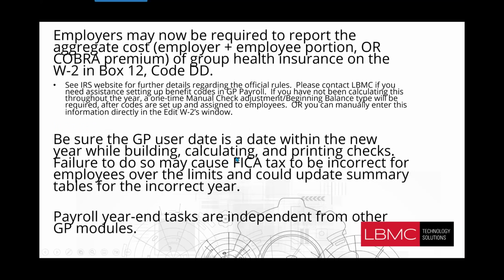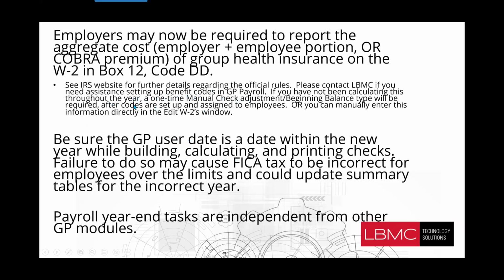Employers may now be required to report the aggregate cost, employer plus employee portion, or COBRA premium of group health insurance on the W-2 in Box 12, Code DD. So you need to make sure you see the IRS website for the further details regarding official rules. You can contact LBMC if you need assistance setting up benefit codes in GP Payroll.